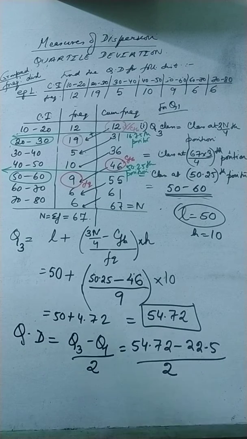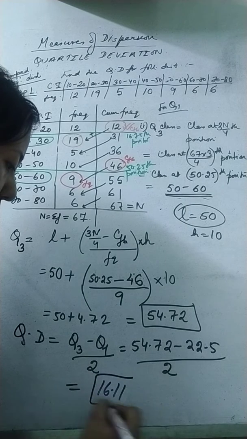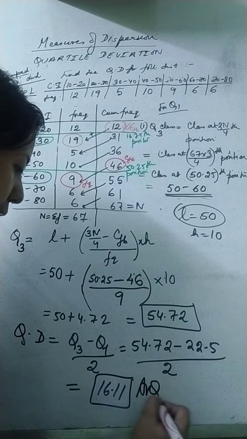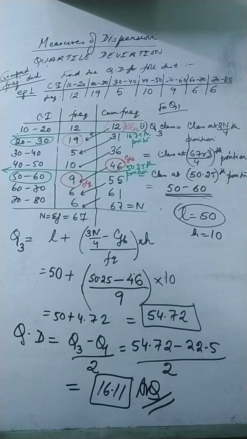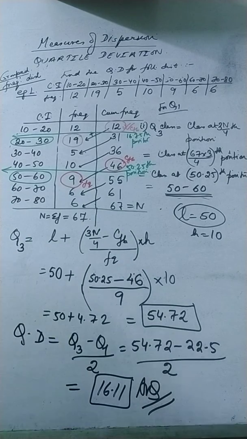So that gives your answer as 16.11. This is the final answer for quartile deviation. Okay, so this is how we calculate quartile deviation for a grouped frequency distribution.